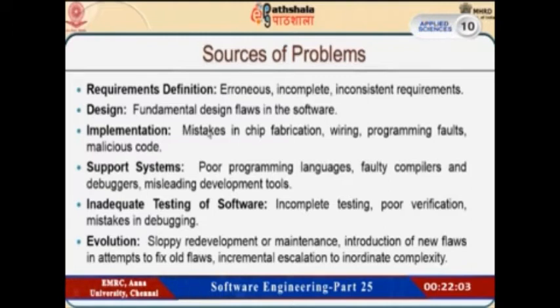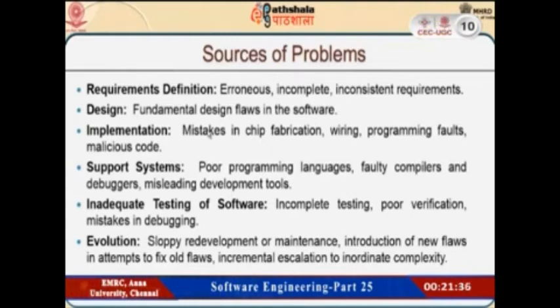Although it is sequential, an error that has happened either at requirements can be taken to implementation level, or an error which has happened fresh at the implementation level can also be a defective software. So mistakes in chip fabrication, this is more common. Wiring, programming faults, malicious code, all these can happen as part of implementation level.